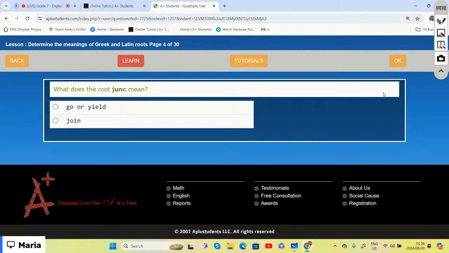It says, what does the root junct mean? The root junct. So, what does the root junct mean?